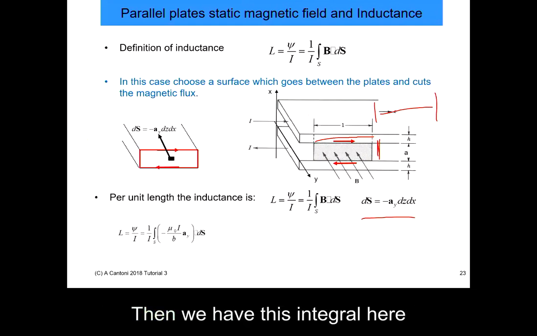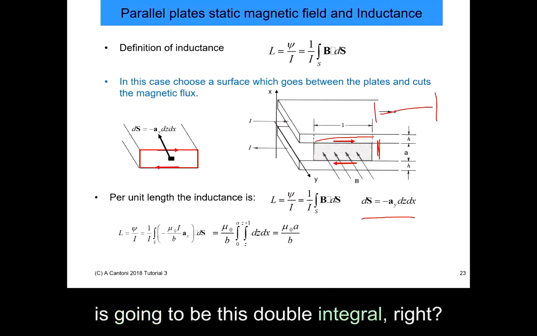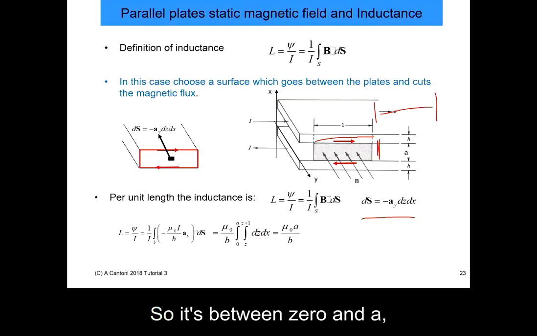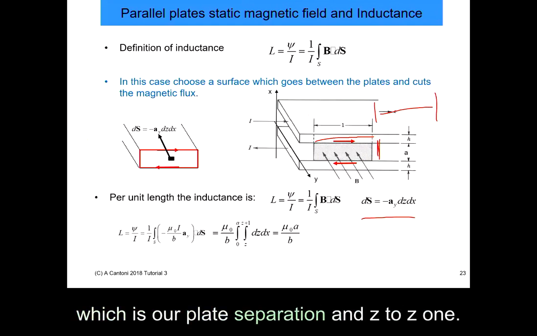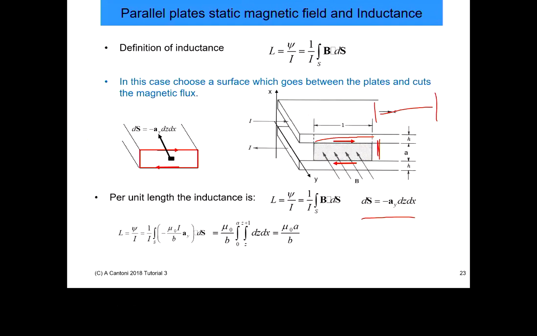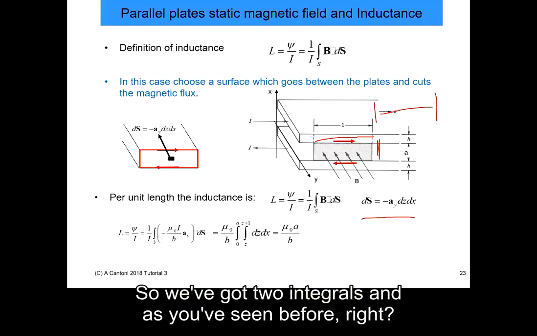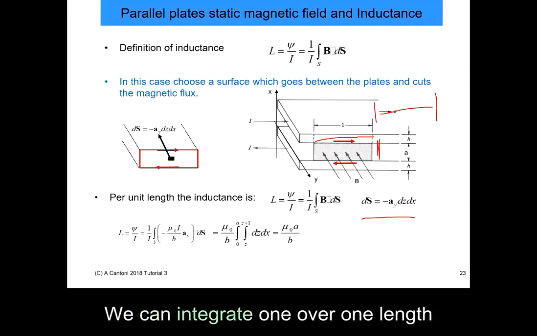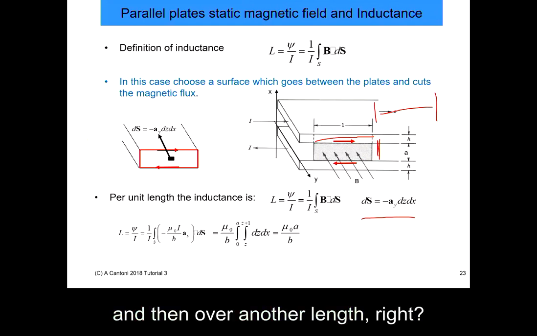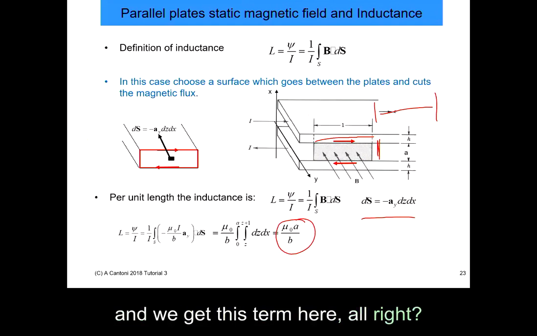Then this integral here is going to be this double integral, right? So it's between 0 and a, which is our plate separation, and z to z1. So we've got 2 integrals, and as you've seen before, we can integrate over 1 length and then over another length, right? And we get this term here, all right?